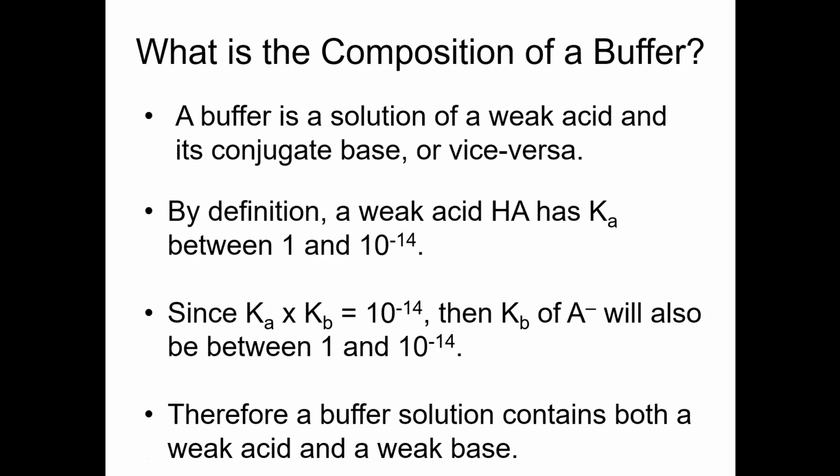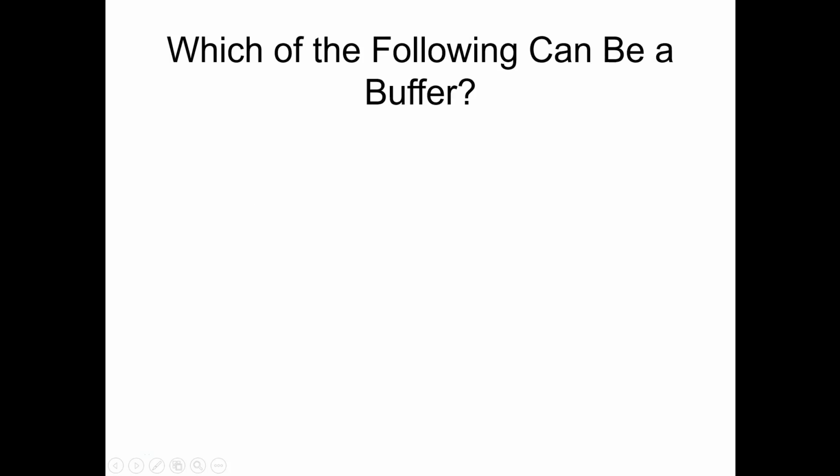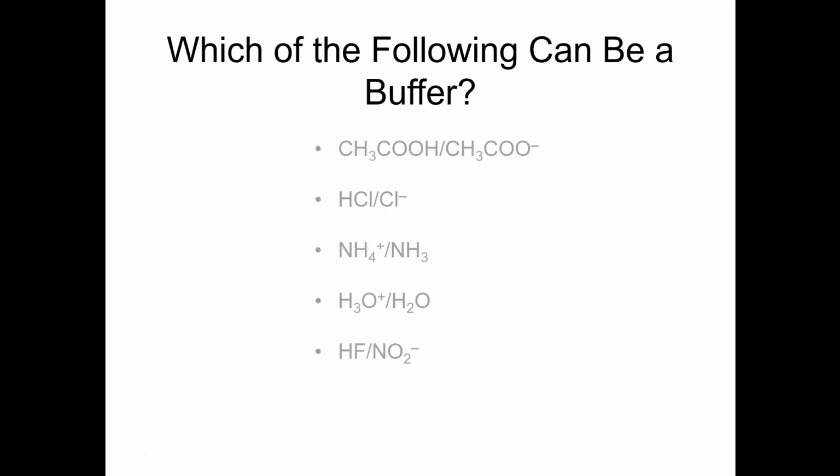Here's the sort of question you might get on a QOD or on a quiz or a test or even the AP exam: here's a list of 5 combinations, and the question is which, if any, of the following would be a buffer. In each case, I have an acid and its conjugate base.